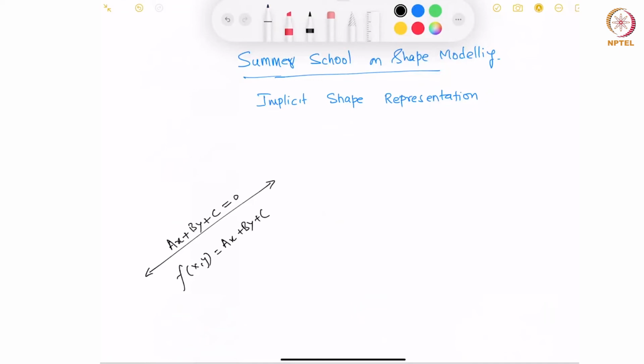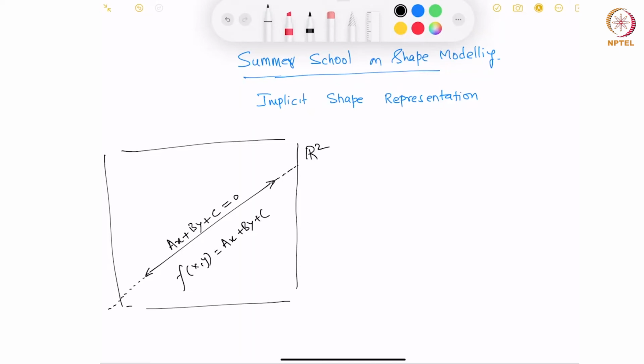In this case, there is no inside or outside, but you could imagine that if this is the R2 space, then the straight line partitions the space into two halves, right? The negative half and the positive half. And of course, the boundary of that is the line itself, right?